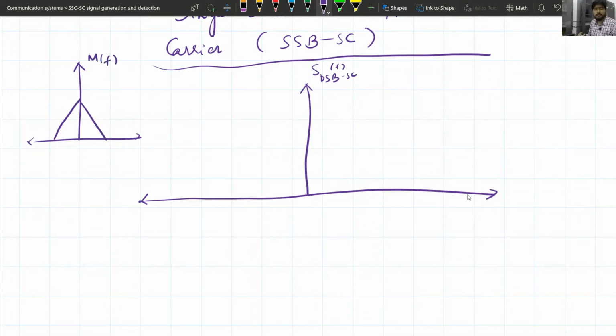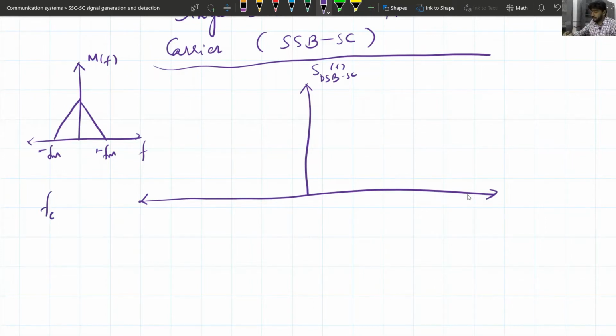Let's say M is our baseband signal or the message signal, and let's say FC is the carrier frequency.